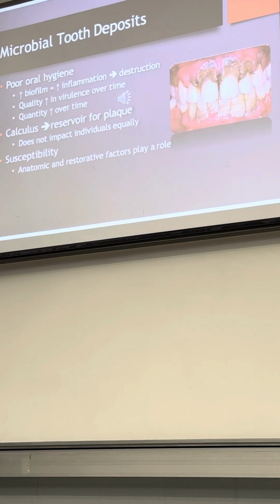That's why we harp on these patients about the need to keep that biofilm as low as possible. The quality increases in virulence over time, and the quantity increases over time. The longer it's left there undisturbed, remember we talked last year, it grows its little condo dimensions down there, and it's just having a party.